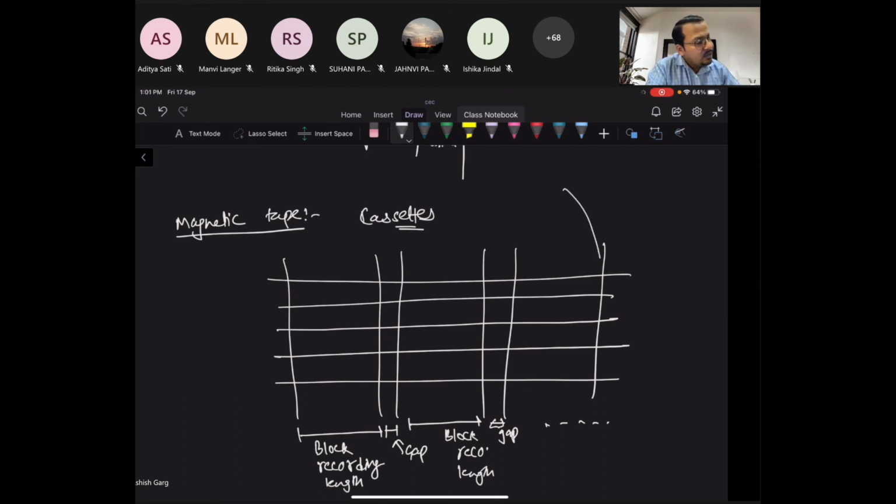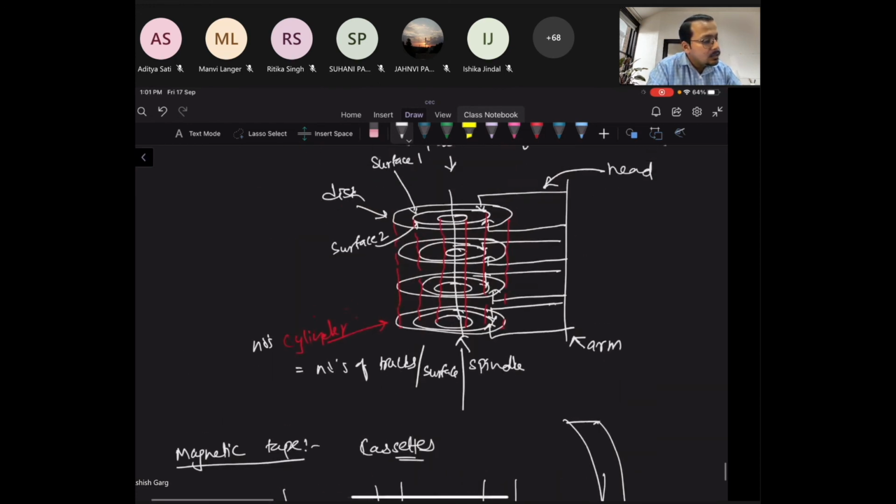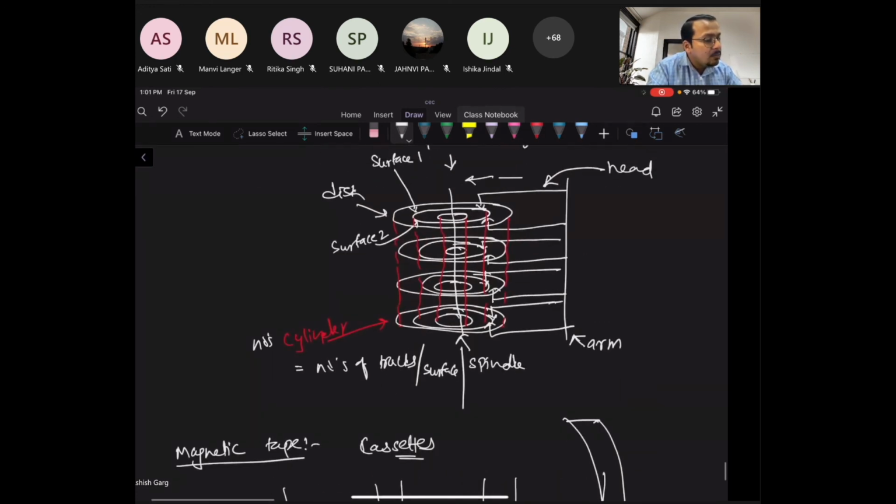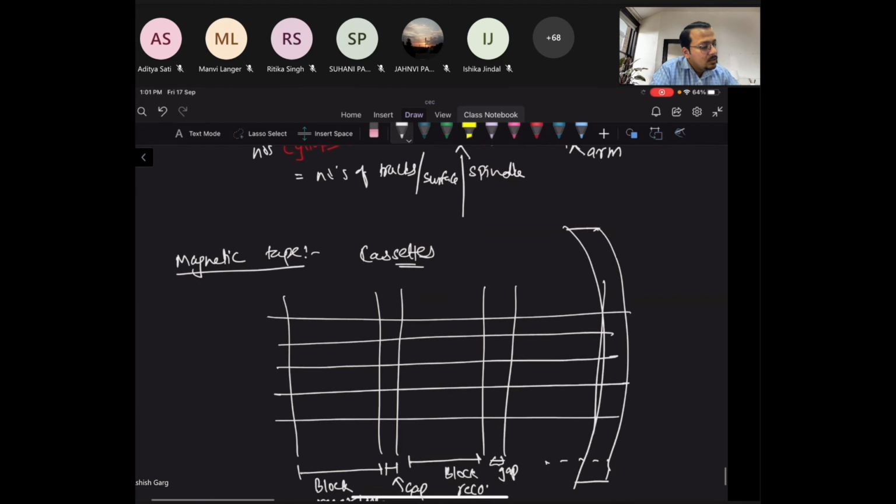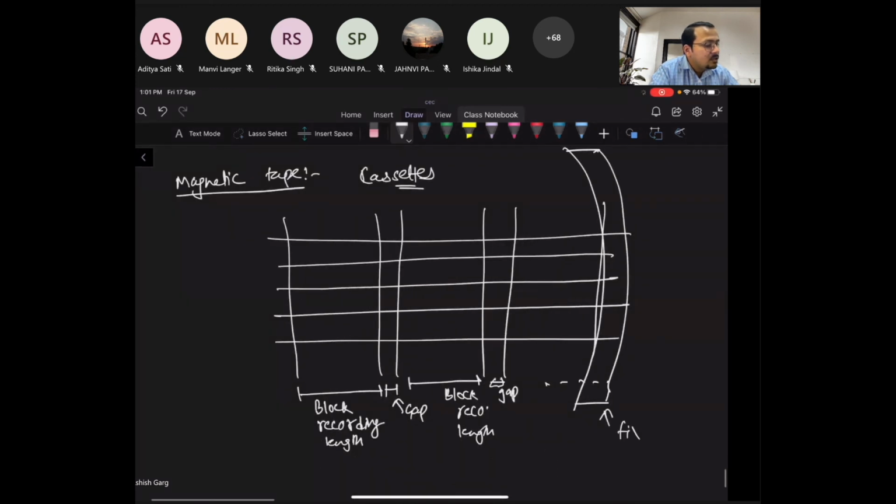And here we have a fixed head. In a disc, the head can move forward and backward depending on which track we want to read. But this head is a fixed head.